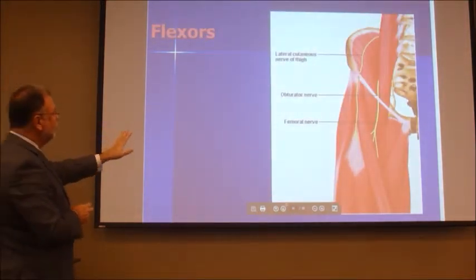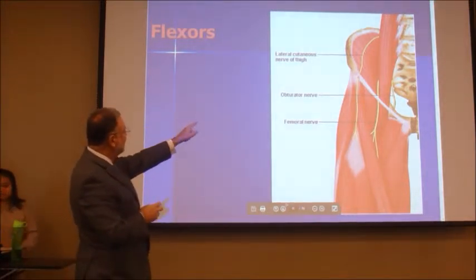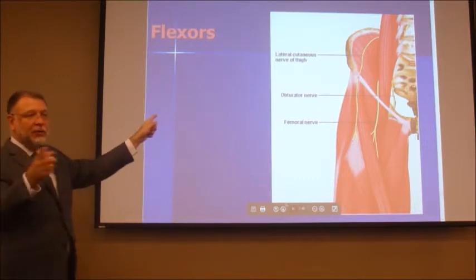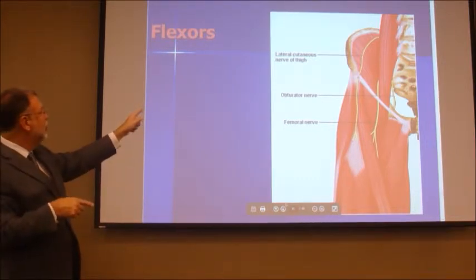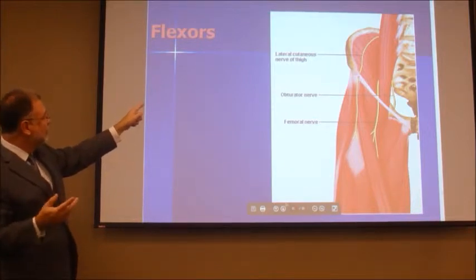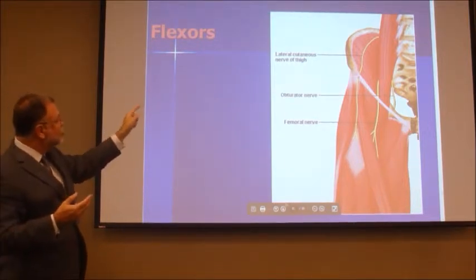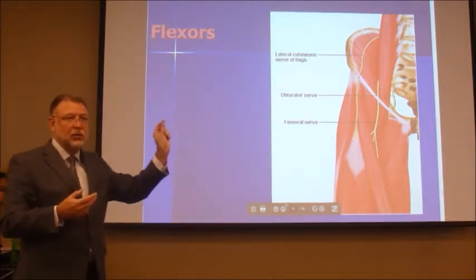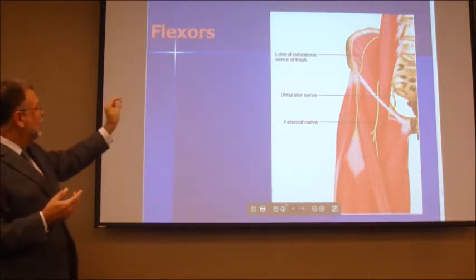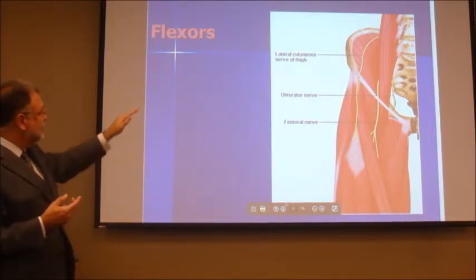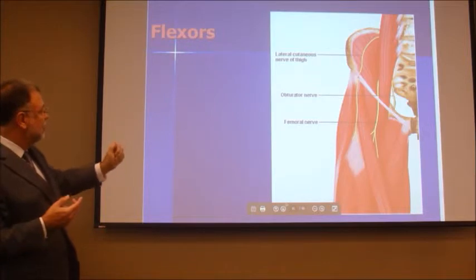Here, the important thing is to recall the lateral femoral cutaneous nerve that is branched also from the lumbar plexus, the anterior division, and it goes about 2 centimeters to an inch distal of the origin of the sartorius, and this nerve goes on top of the sartorius.